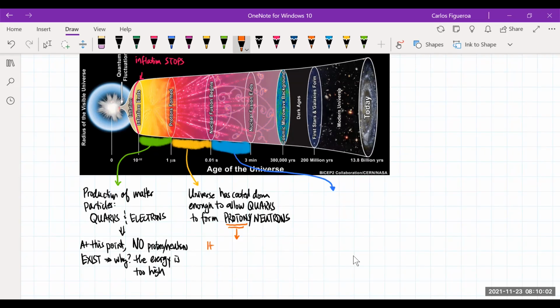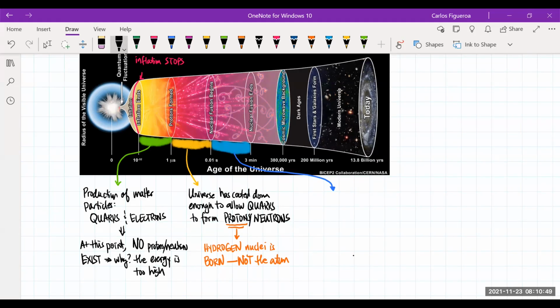The hydrogen nuclei is born, not the atom. Why? The energy density is too high that any electron that tries to connect with a proton is immediately knocked out. So then I get to the next stage and nuclear fusion begins.